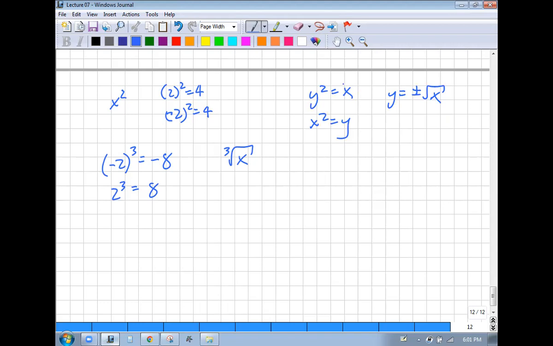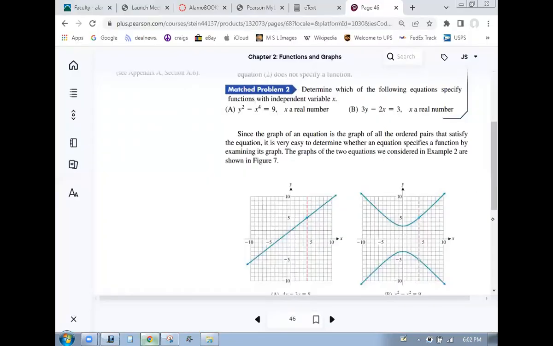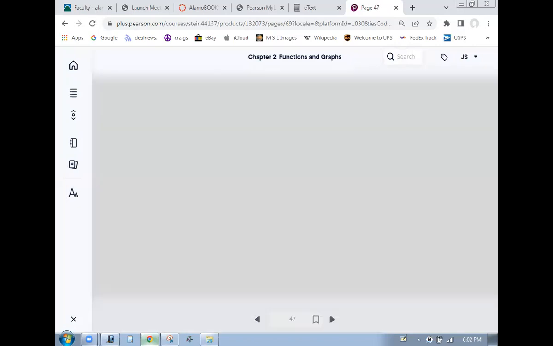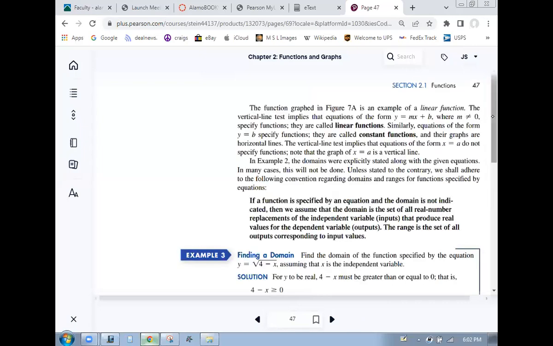And if you change your variables, all that does is rotate your graph, okay? You switch out your x for your y, you're flipping it like that. We'll see more examples here. Vertical line test. I already told you, if you graph whatever it is, if it passes the graph twice or 3 times, it's not a function. It can only cross through the function once.